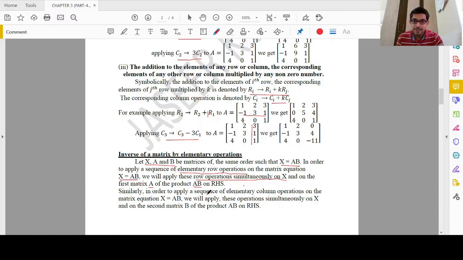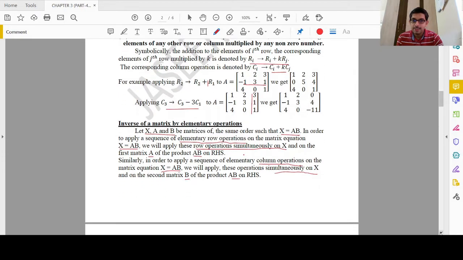So similarly, in order to apply a sequence of elementary column operations on the matrix equation X equal to AB, we'll apply these operations simultaneously on X and on the second matrix B of the product AB. So to apply a sequence of column operations, it is required to be applied only on the second matrix of the product AB. So I'll explain this with a simple example.